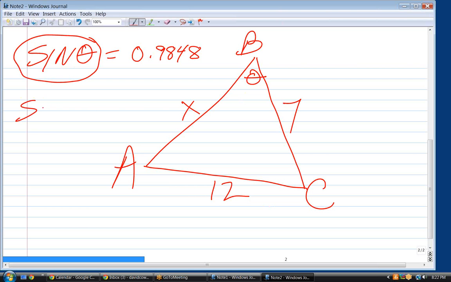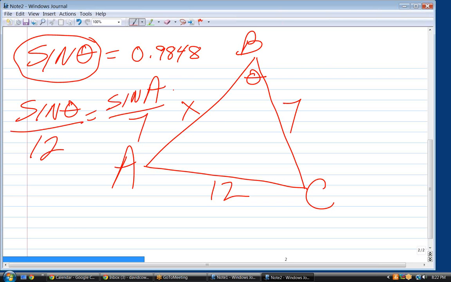So I'm going to be able to say that the sine of theta divided by 12 equals the sine of A divided by 7 equals the sine of C divided by X. Now, let's work with just this part, because they've given us this. So there's only one variable to solve for, and that's A.